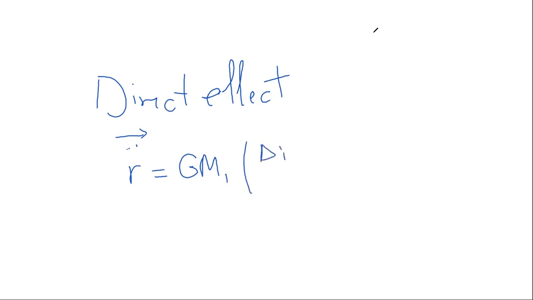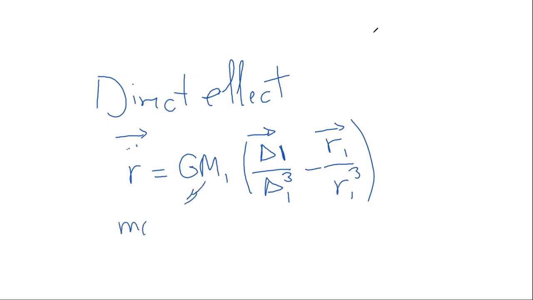Delta 1 over the magnitude of delta 1 cubed, where delta is a vector minus r 1, cubed. This one is a vector. For example, if m is the mass of the moon, this is the distance between the moon and the satellite.